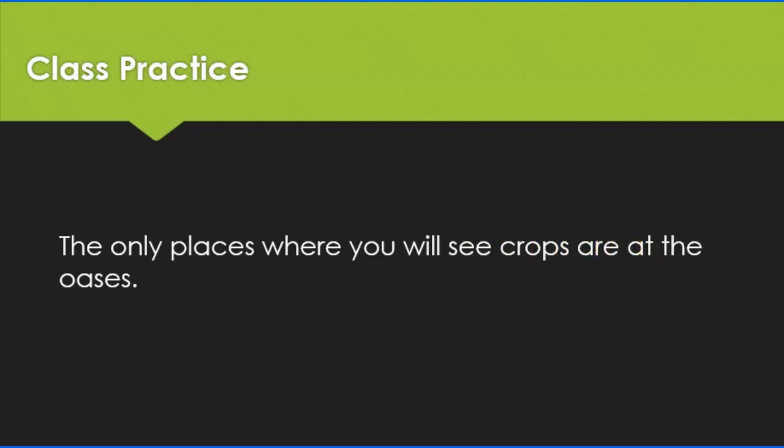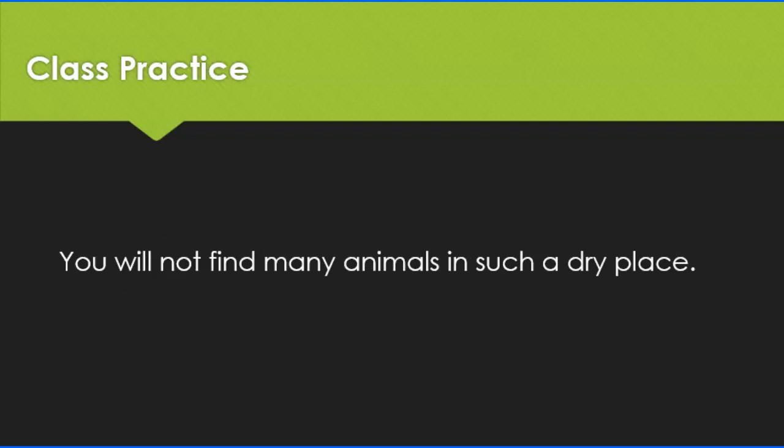So far we haven't seen too many perfects. Number 5: you will not find many animals in such a dry place. Well, again, we're looking for have, has, or had. We don't see any. We do see the word will. Will find is going to be our verb, and that is future.